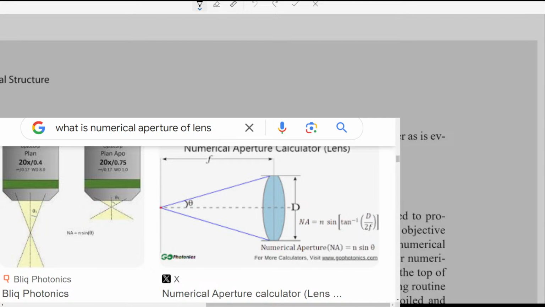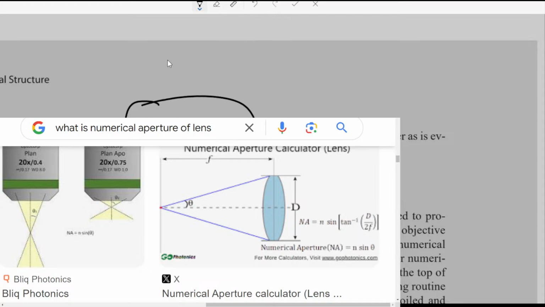If you want to know about the resolution of the whole microscope, you have to include the condenser numerical aperture as well. Guys, when the light comes, the light is not condensed only through the lens.